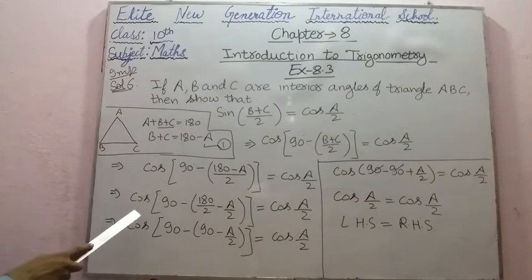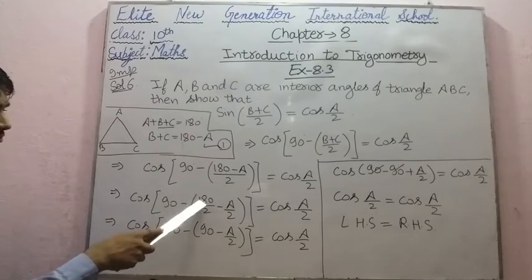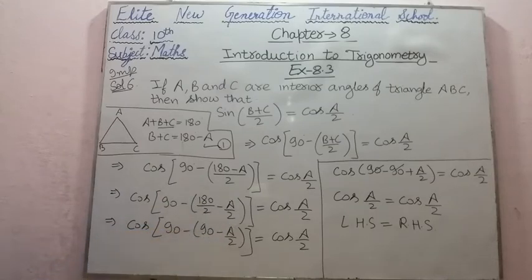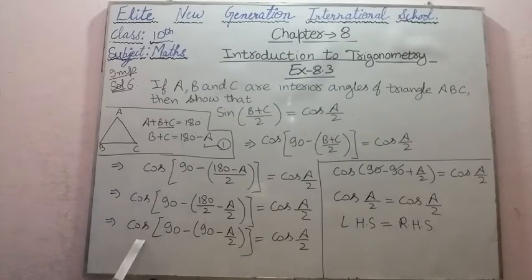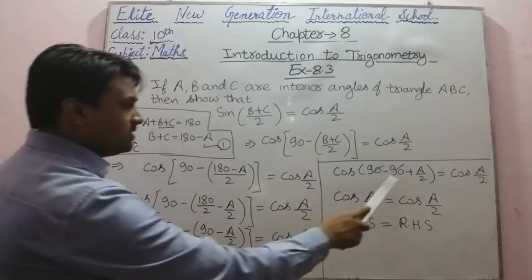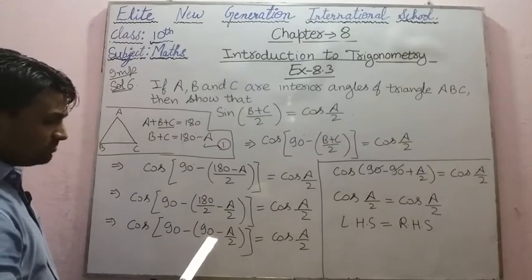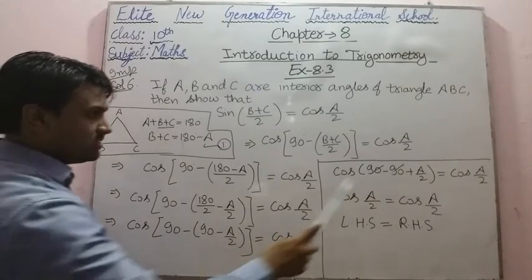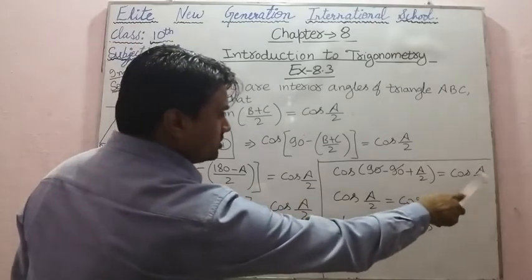Now after this it will be cos (90, and here we can make it separate, so it will be 180 upon 2 minus A upon 2). By solving it, 180 upon 2 will be 90, and minus A upon 2 equals cos A upon 2. Now by solving it, it will be cos (90 minus 90, and minus minus becomes plus, A upon 2) equals cos A upon 2.